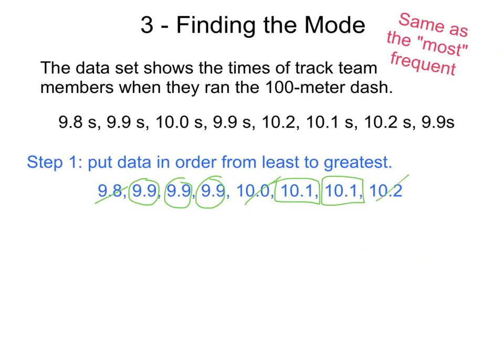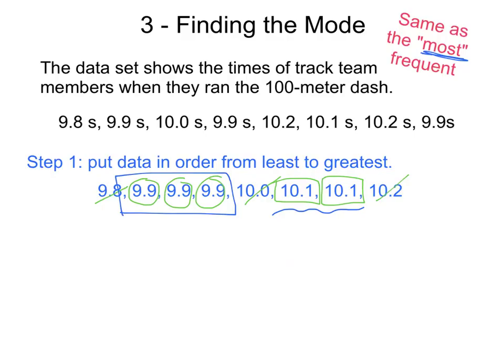So now we have two different values within our data that have occurred more than once. Now, which one is the most? Because we are looking for the most, that means 9.9 happens 3 times, while 10.1 only happens twice.